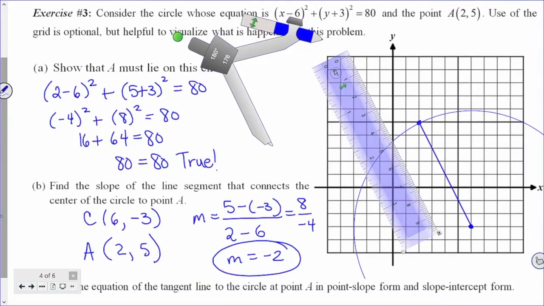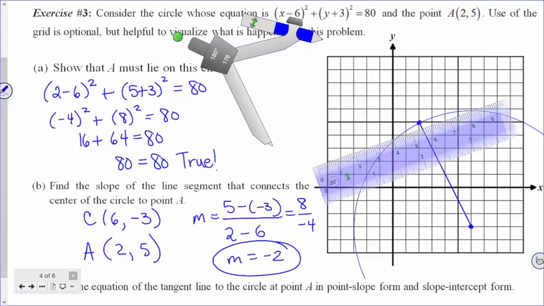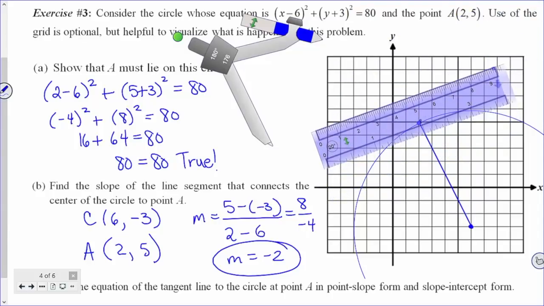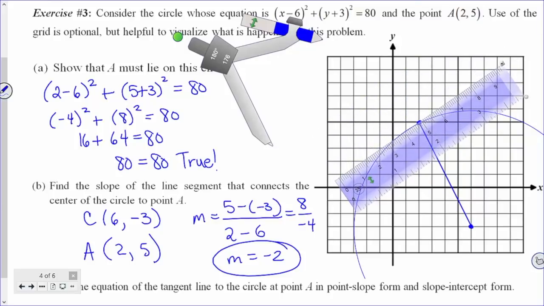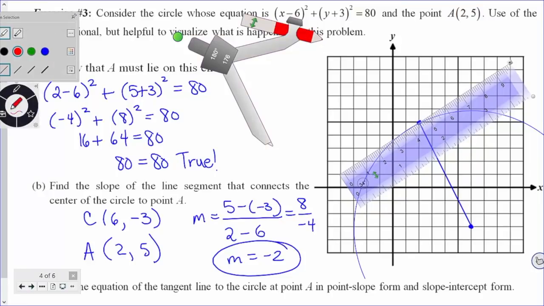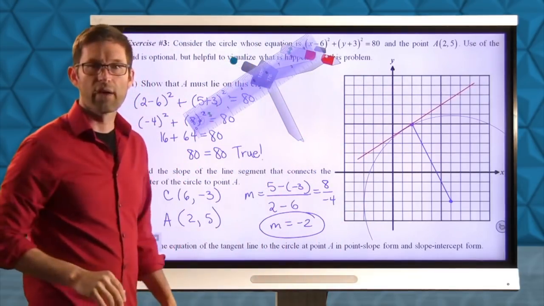What I'm trying to do is come up with the equation of that tangent line. Even I kind of struggle getting this drawn, but I want the equation of this line, the equation of that red line.